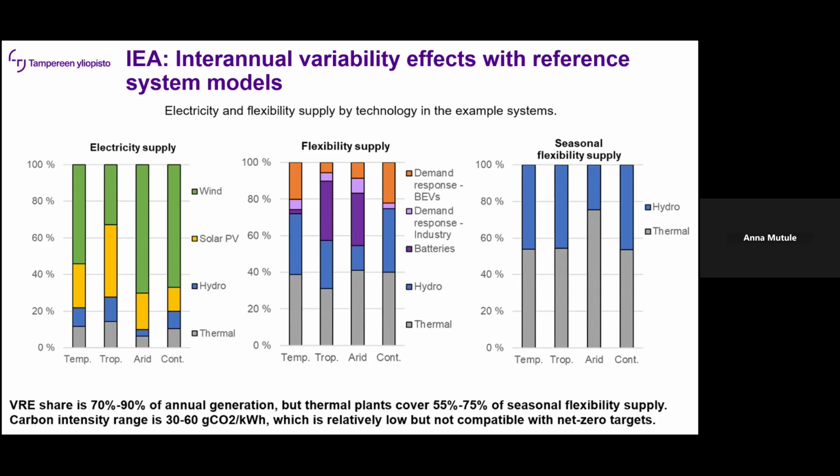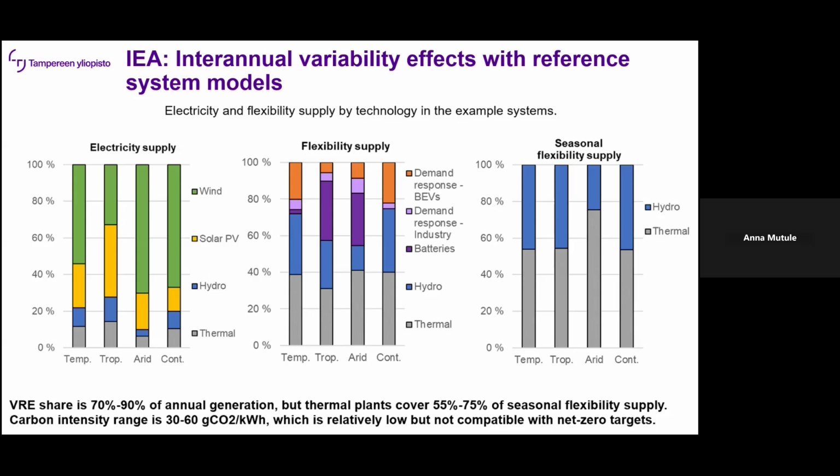Finally, the chart on the right emphasizes seasonal flexibility, where thermal power still plays a major role, covering between 50% and 75% of the long duration flexibility needs. Despite the relatively low annual output from the thermal plants, just 5 to 15%, they are crucial for seasonal balancing still.